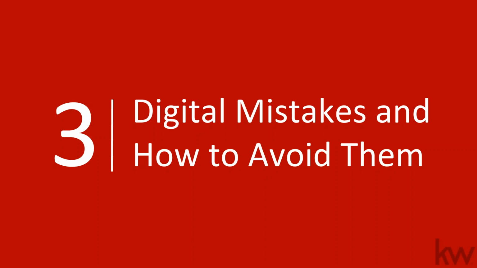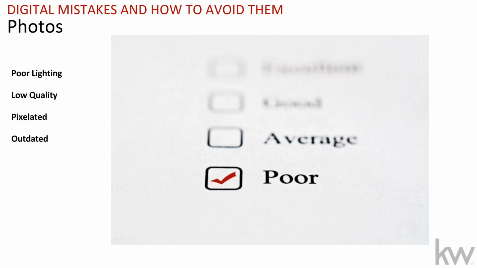All right, and let's look at some digital mistakes and how to avoid them. Here are some of the things that we run into when we're reviewing certain aspects of social media posts and websites. One of my favorites would be poor lighting, which is kind of difficult for us to determine as agents.